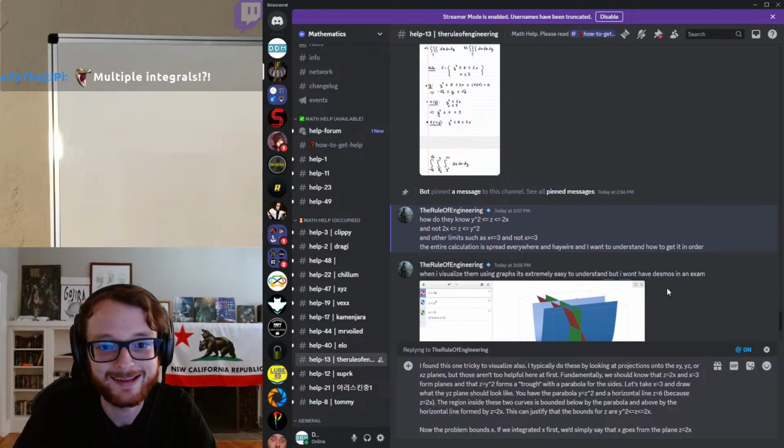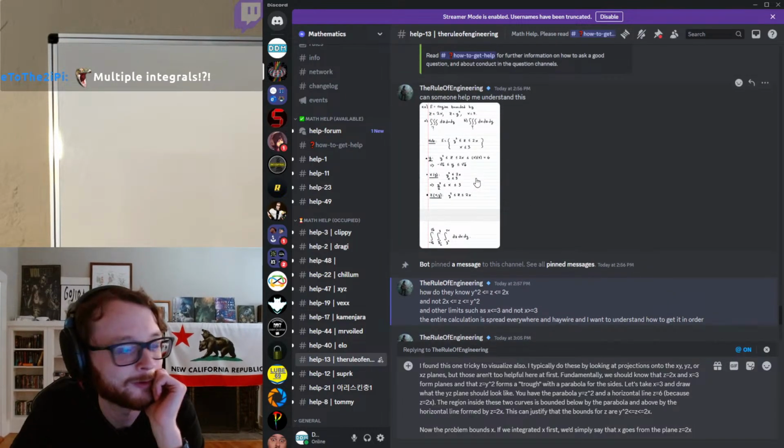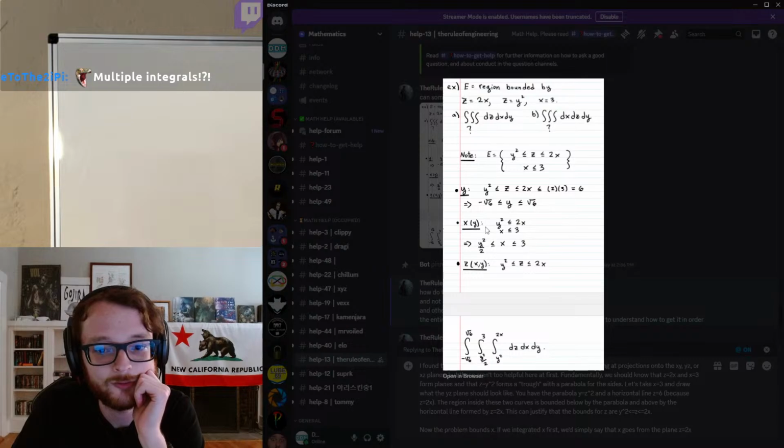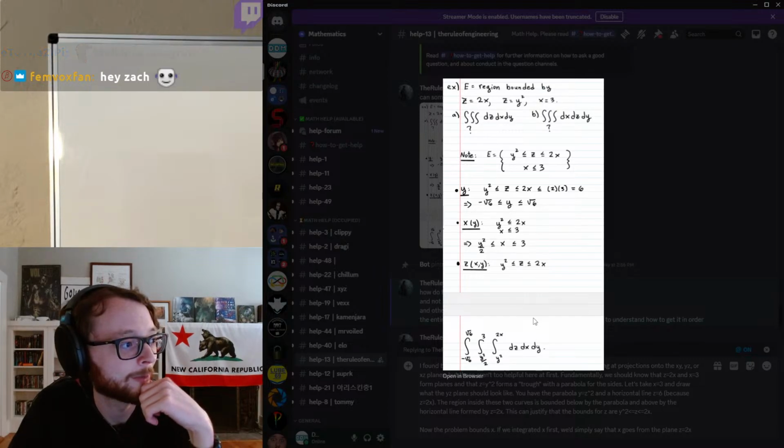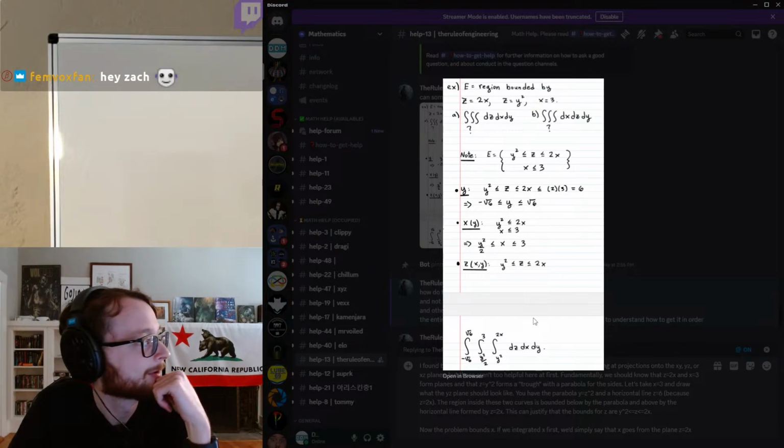Yeah, Zach. This person in the math Discord is trying to get an explanation for the volume bounded by these functions and how it goes with this integral. I think I've done a lot of reverse engineering here. I really enjoy these problems. This is a really tricky one.